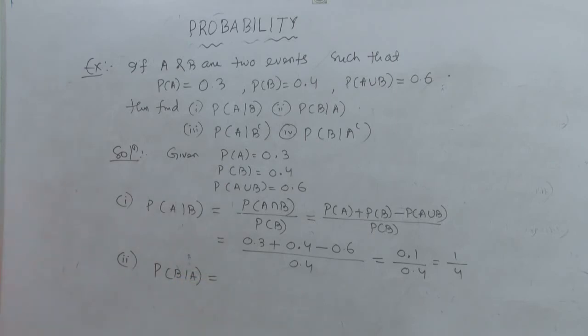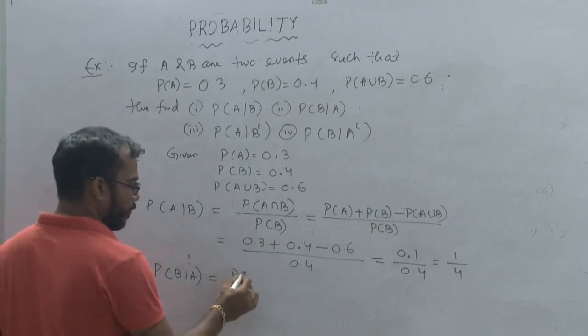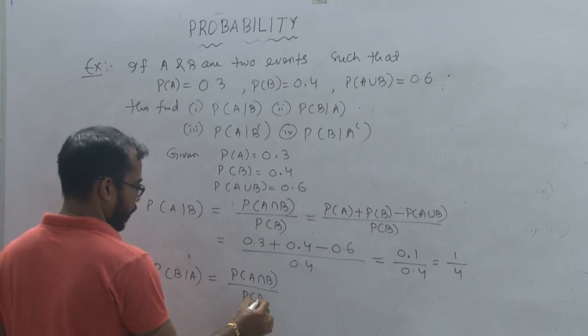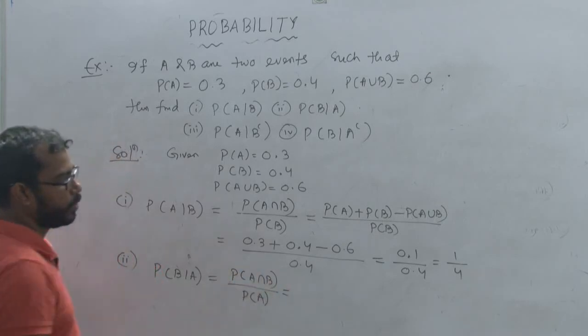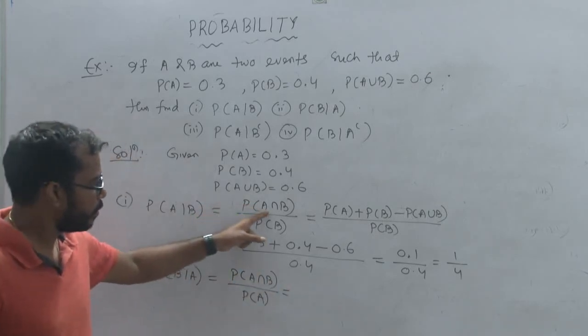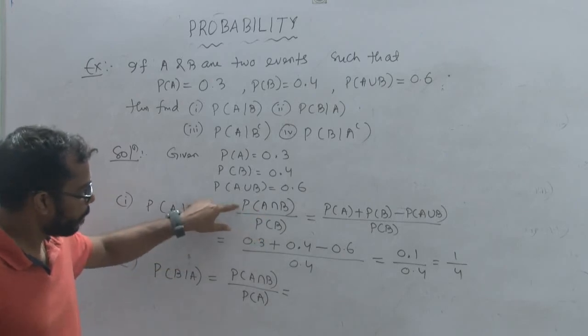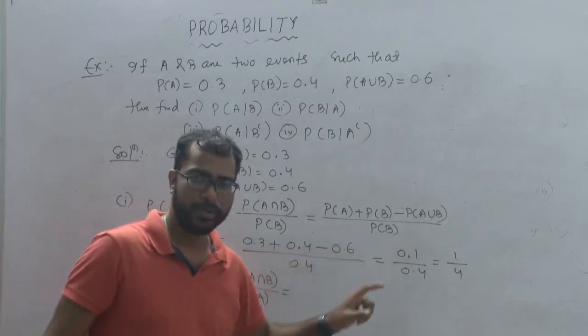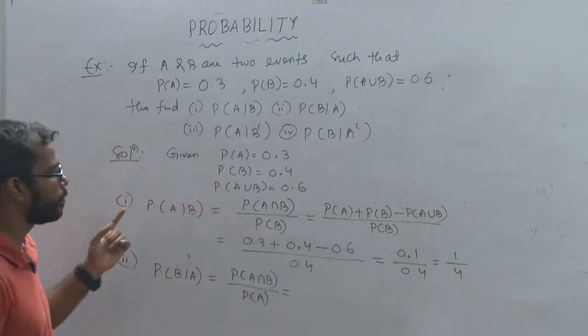Okay, so probability of B by A, that means we can use this formula, that is probability of A intersection B by P of A. As you know the value of probability of A intersection B, that is 0.1 in first bit.